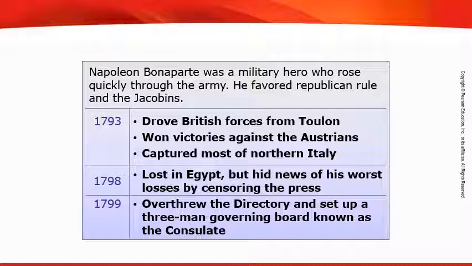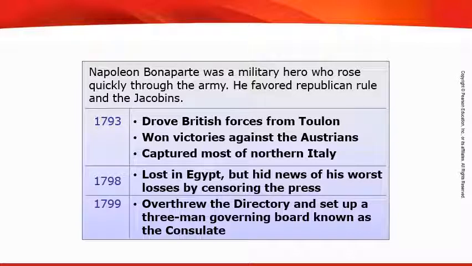In 1799, he managed to remove the directory, which was a governing body responsible for running the state of France. As we discussed in the previous lesson, the directory was corrupt, so they were unable to address the troubles of France. Ultimately, Napoleon managed to remove the directory and set up a three-man governing board known as the consulate.